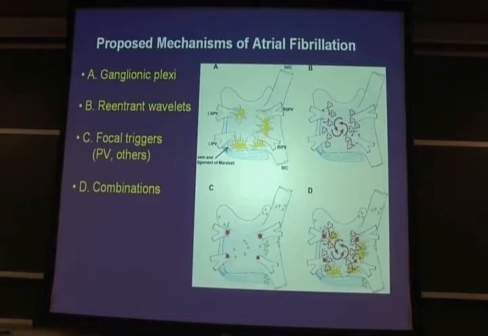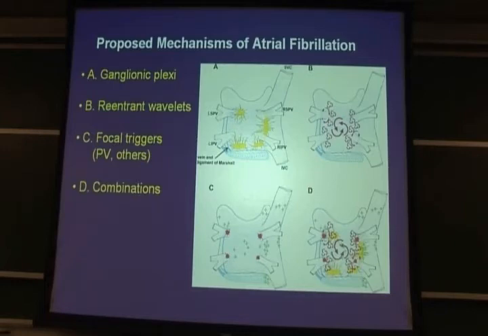Then there is, of course, the possibility of focal triggers of arrhythmias, and many of them were traced to the pulmonary veins. For some reason, the tissue in the pulmonary veins and the pulmonary vein orifice, where there's some excitable tissue, is more sensitive to changes, remodeling, and aging, and produces triggers more than other areas.